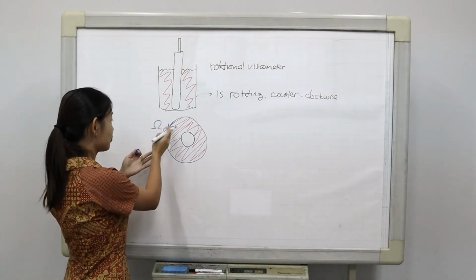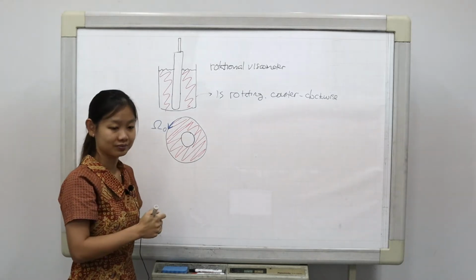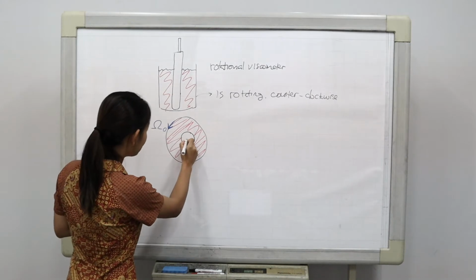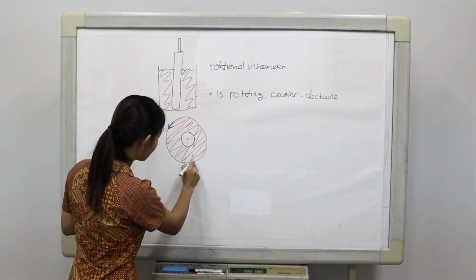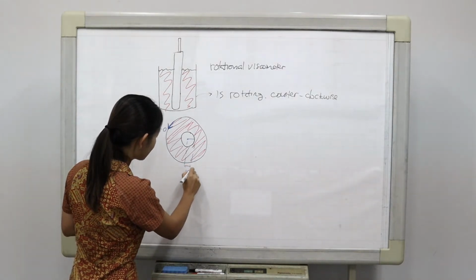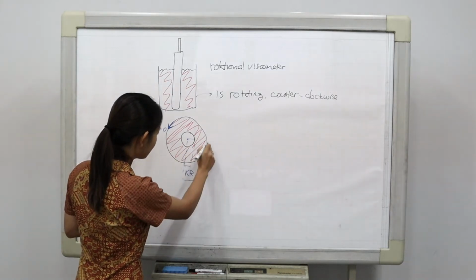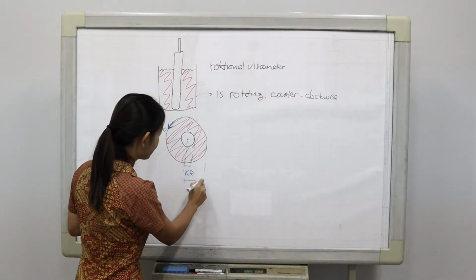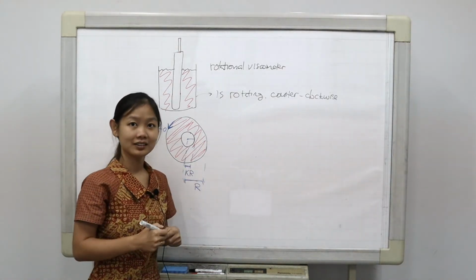So this is the angular velocity for rotation. What else? Okay, the radius of the inner cylinder is kR, and the radius of the outer cylinder is capital R.